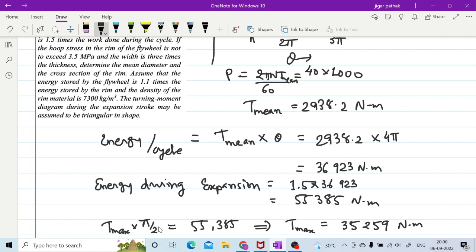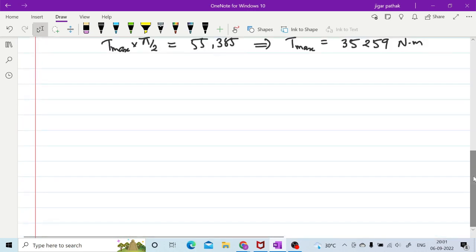So the maximum energy we get during this expansion is T max into the angle turned, which is pi by 2. From that we can get the maximum torque.